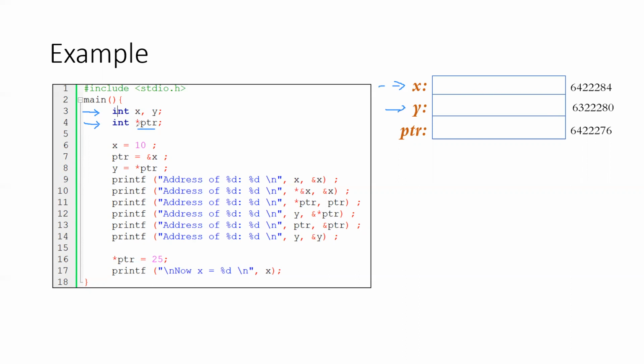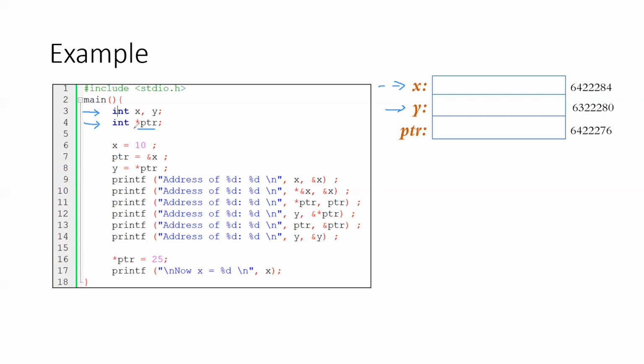Then on line 4, we are also declaring another variable, but this variable PTR is actually a pointer because the variable is preceded with the pointer operator, asterisk. By adding this, you are telling your compiler that you want a variable that can hold a certain address.